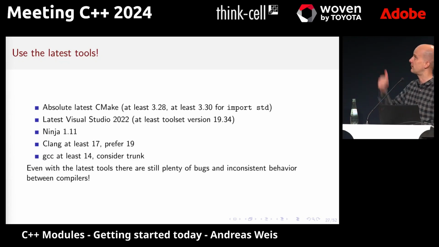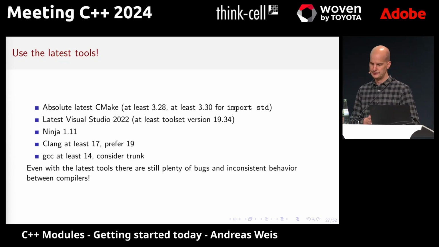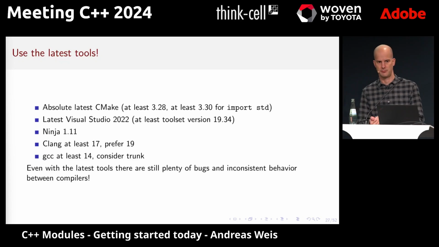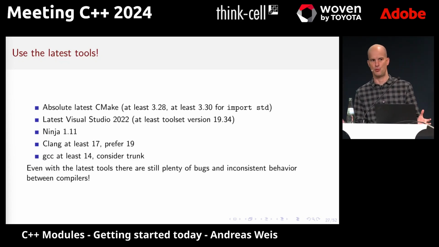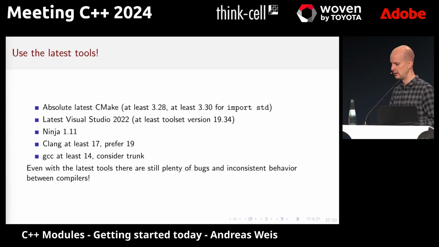So yeah, this is the toolset version. If you're not using Visual Studio and MSBuild, you need to use Ninja. CMake currently doesn't support other generators; Makefile generators don't work with modules yet.